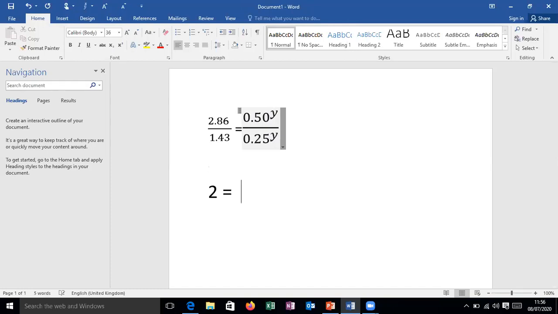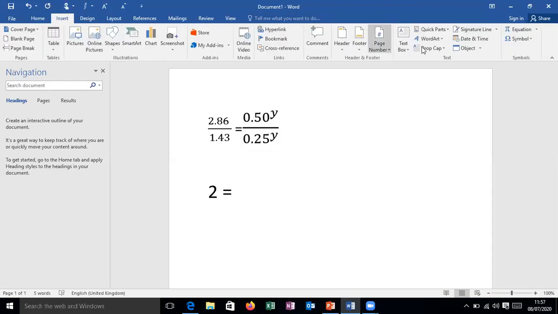Then when you do this there, 0.50, when you change it to a fraction, you get half. Right? You get 1 over 2. When you write it in terms of indices, it will become 2 raised to the power negative 1. Do you know that?